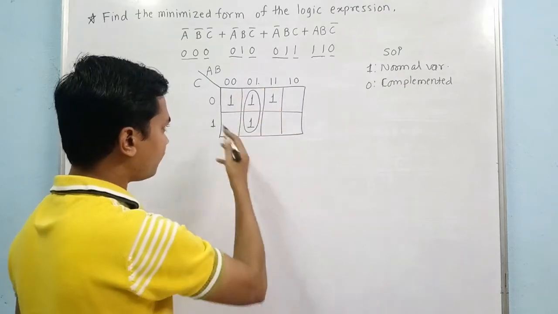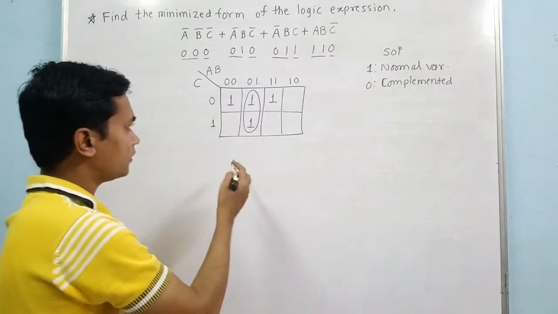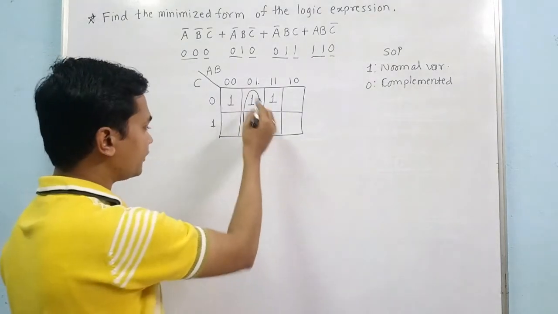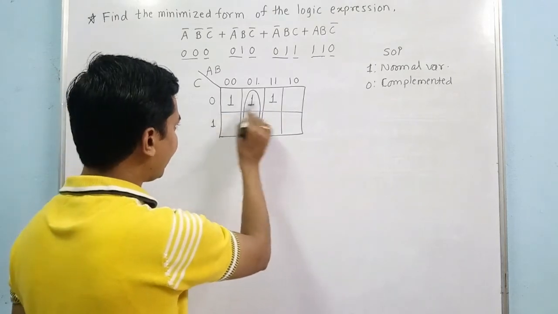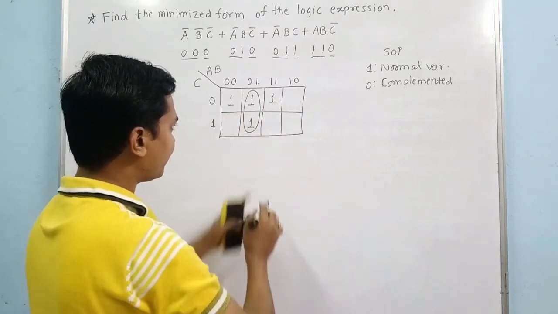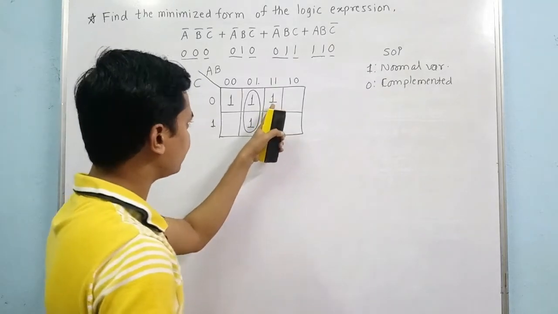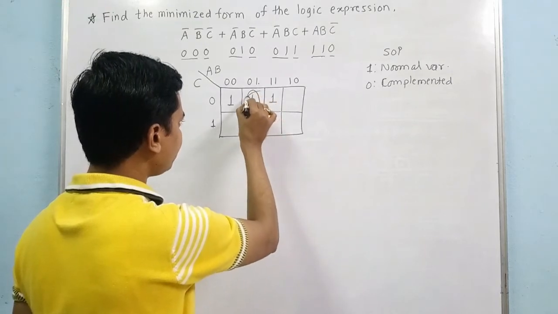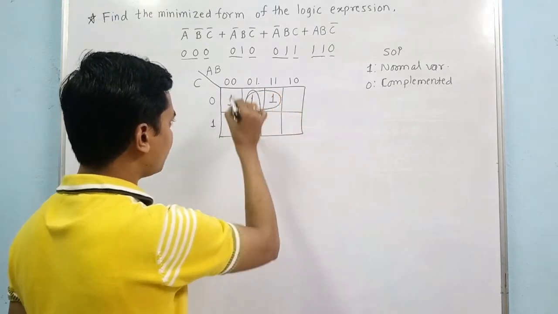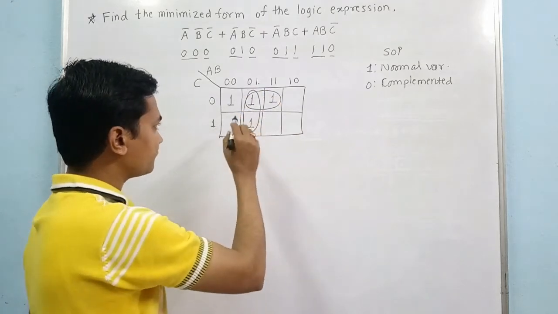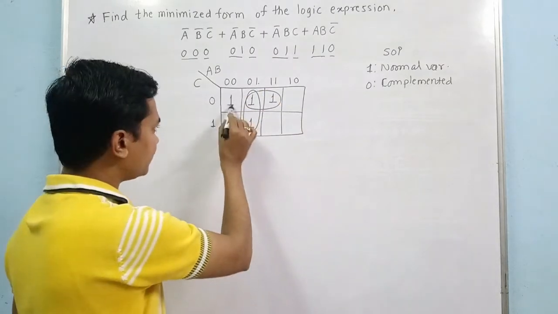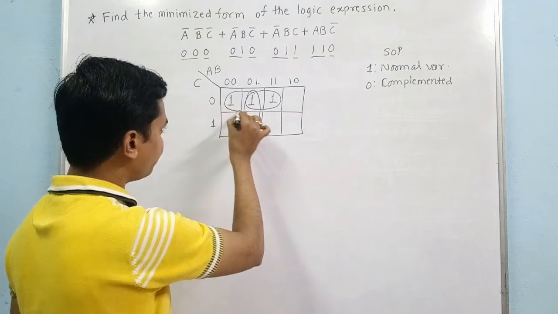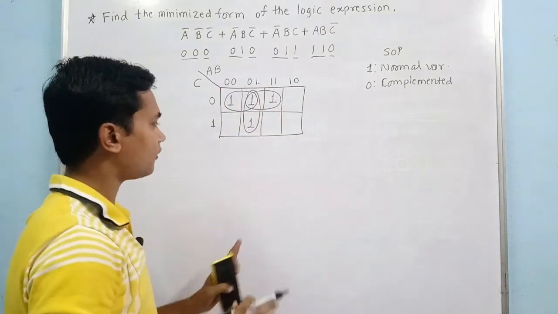We cannot form a group of 4 cells here, because all 4 ones should be horizontally and vertically consecutive, and this situation is not here. This one and this one are separate, so instead of taking this one separately, you can overlap it with this one and form one more group. This one cannot be left separate, so it can be grouped with the consecutive neighbor one. So make this group also. Here all the ones are finished.